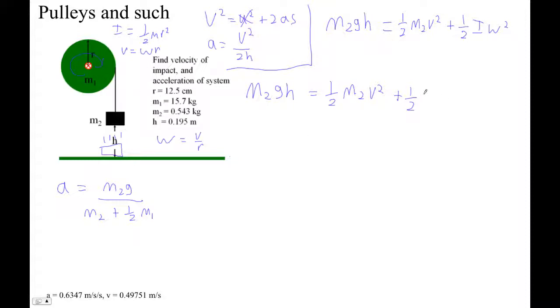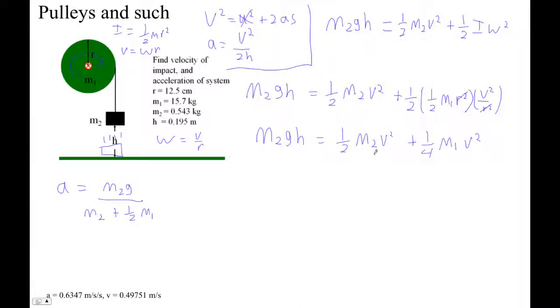So 1/2 m1r squared times v over r squared. Now the r squareds go the way of the bison, and we end up with m2gh is 1/2 m2v squared plus 1/4 m1v squared.